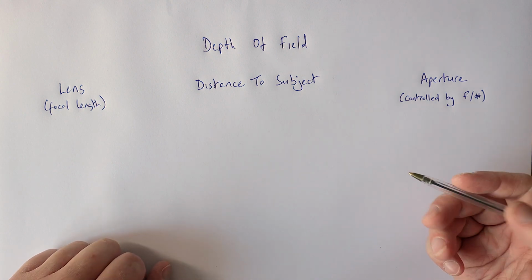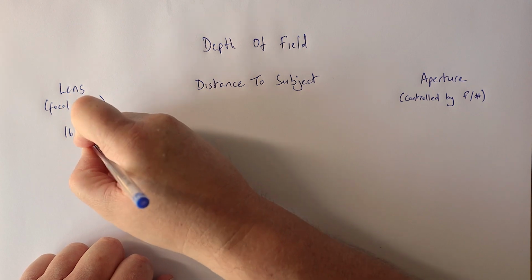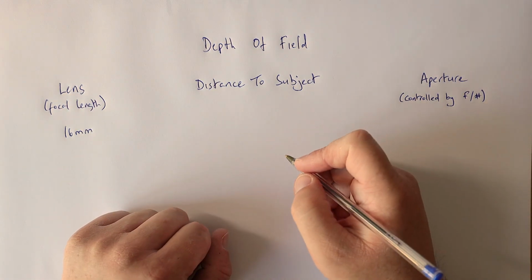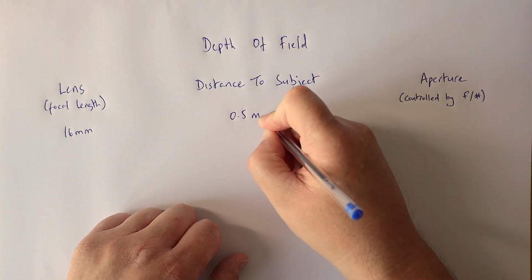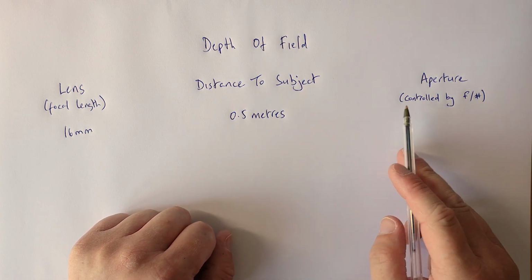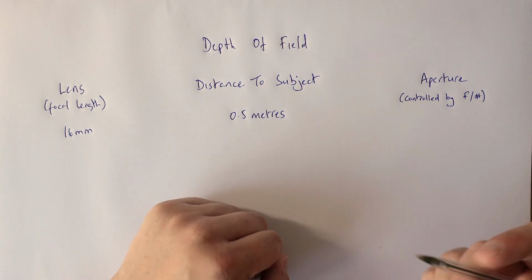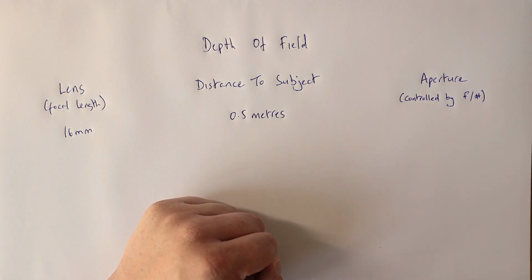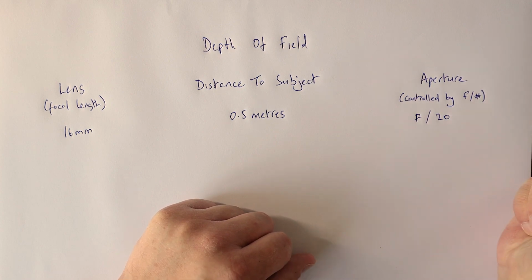If we have a focal length, like we did in this video, of 16 millimeters on our full frame, our distance to subject was, for the sake of argument, 0.5 meters. And our aperture, which is controlled by our f-stop, can be worked out by our f-stop. So f-stop, this symbol here, so let's just write that down, F20.